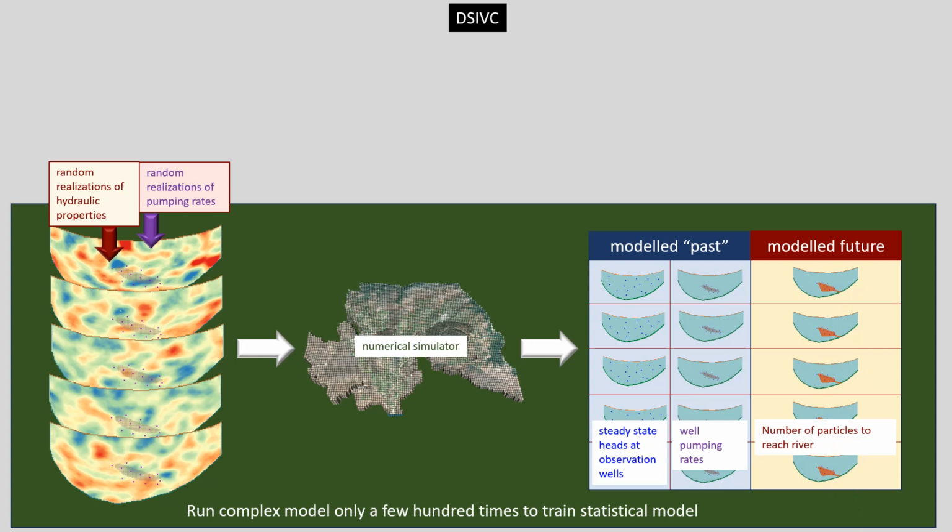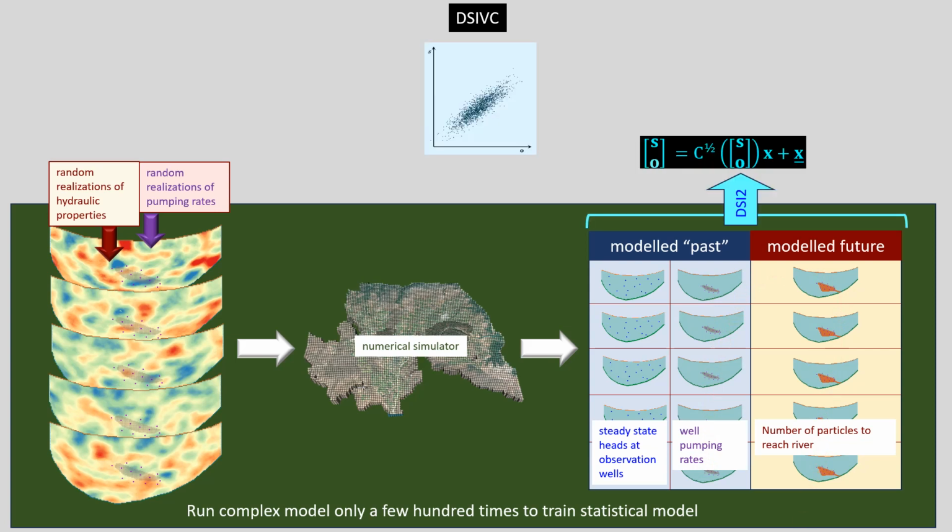And our constraint is that we want no contaminants to reach the river, no particles to emerge at this southern model boundary. But the model also calculates steady state heads at observation wells. These are going to be used for conditioning. What we also use for conditioning is the pumping rates that are actually used to make this prediction.